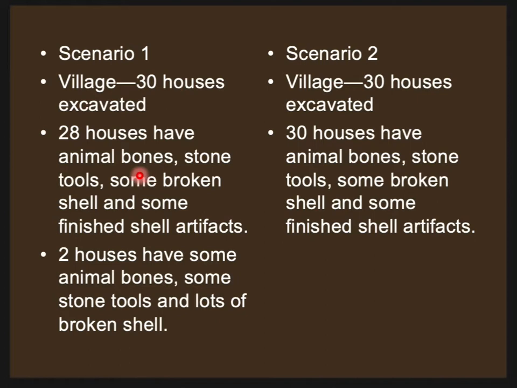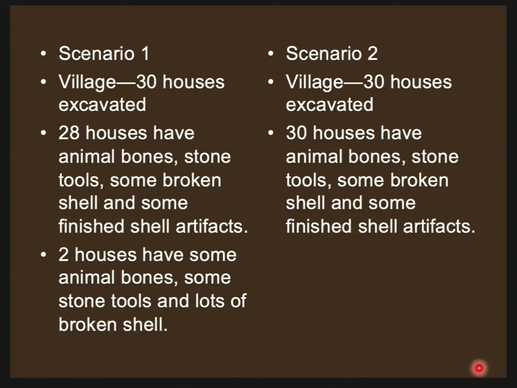In scenario 1, 30 houses were excavated, 28 have animal bones, stone tools, some broken shell, and some finished shell artifacts. 2 houses have animal bones, some stone tools, and lots of broken shell. Scenario 2: 30 houses excavated, 30 houses have animal bones, stone tools, some broken shell, and some finished shell artifacts. In which village do you have specialists?